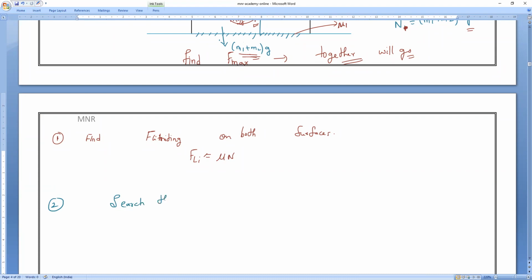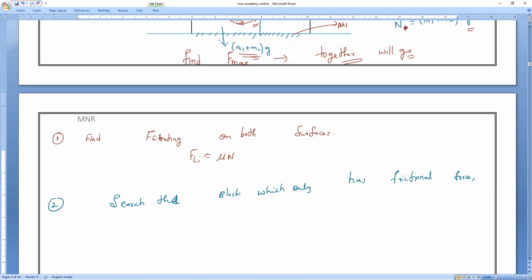Search the block which only has frictional force. Do you all understand what I'm saying? No other force is acting, only the frictional force.